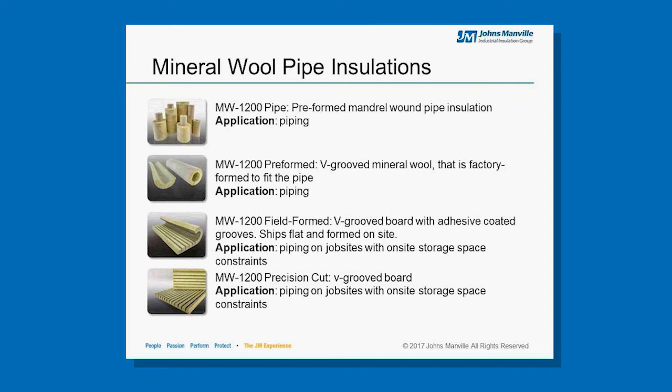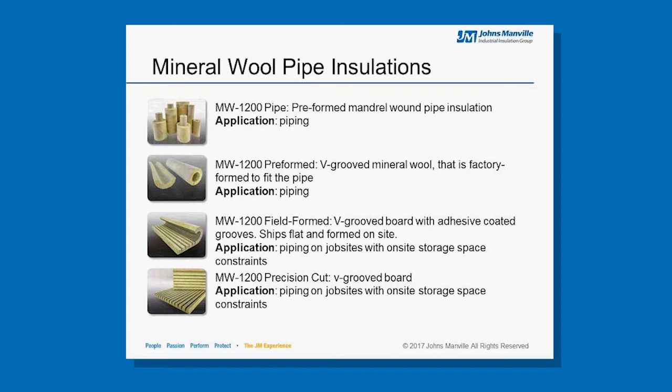When we look at the first slide here, we're talking mainly about mineral wool pipe insulation materials. These range from high cost to low cost. Min Wool 1200 pipe, which is a mandrel wound product specifically for piping applications, is a fairly high cost product.